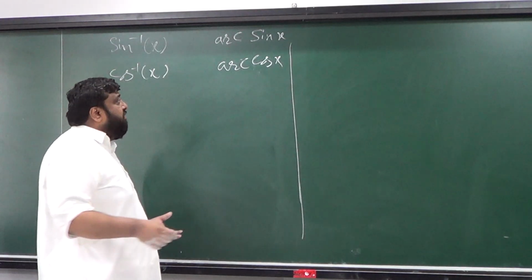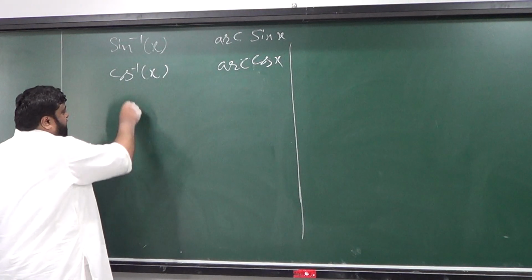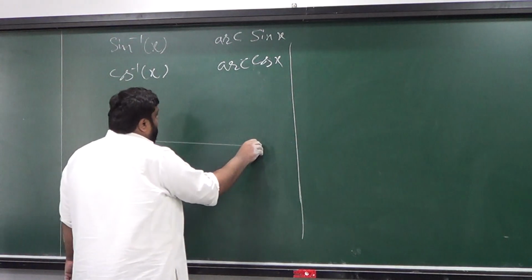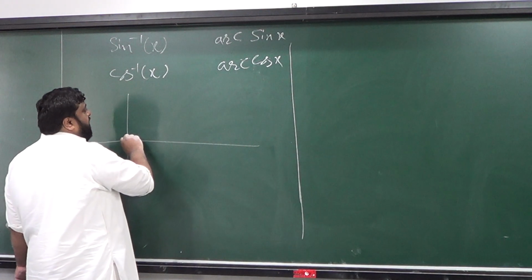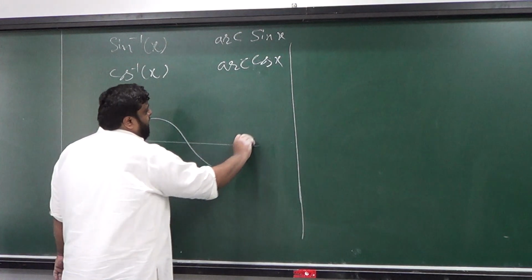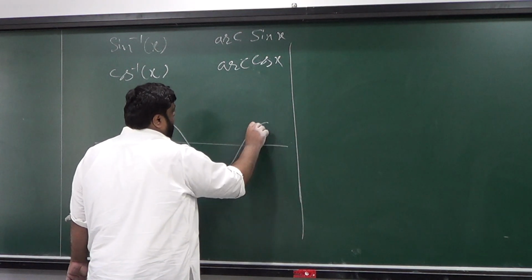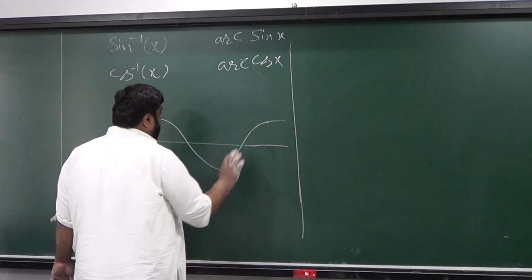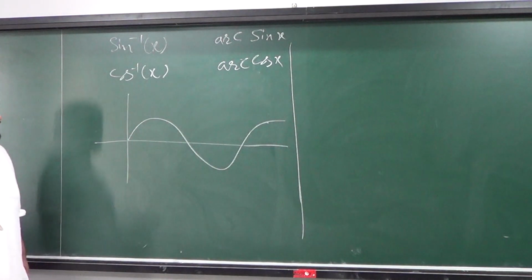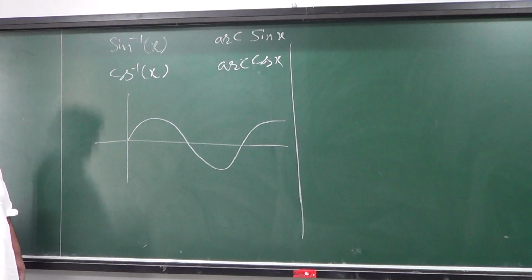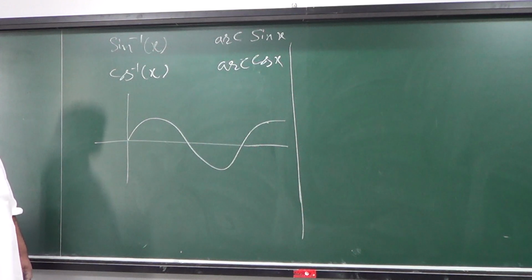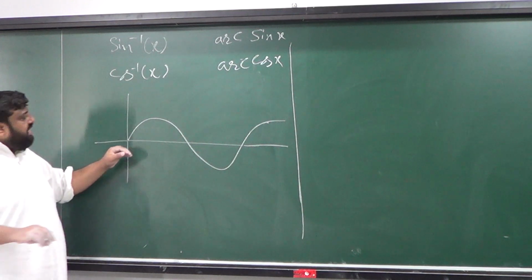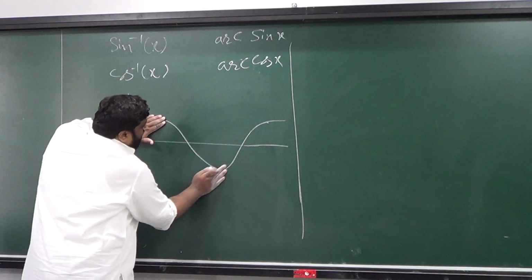If you remember, I can quickly go back. For example, if you have a sinusoidal function that goes like that, then the inverse of this function is really one small arc in it.